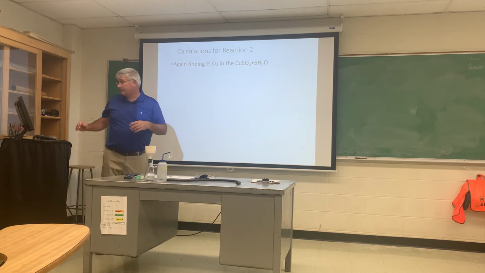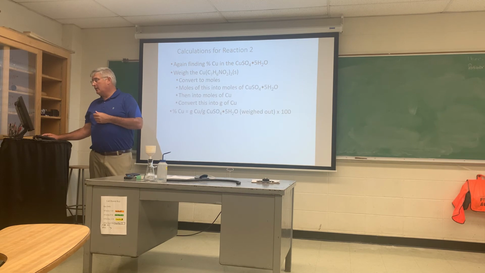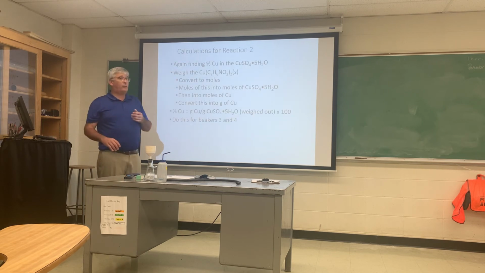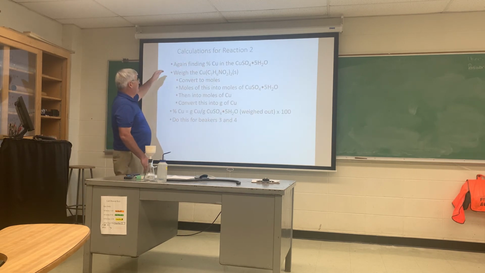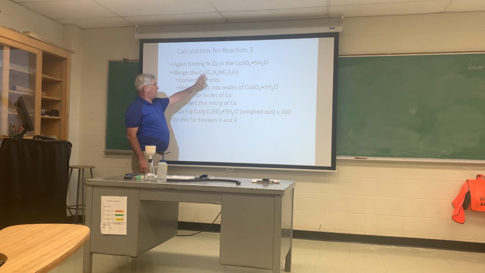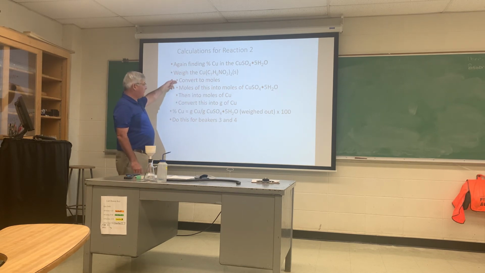All right, just to go back through the mole math one more time before we quit. I said this verbally, but to see it in a picture, again, finding the percent copper in copper sulfate pentahydrate. For the second reaction, we're going to have the copper salicylidoxine. We're going to convert to moles the mass.